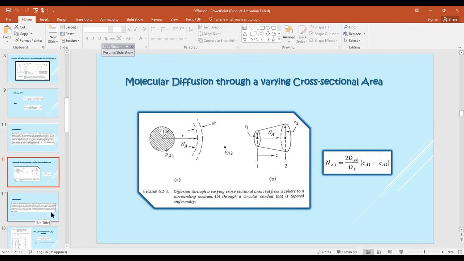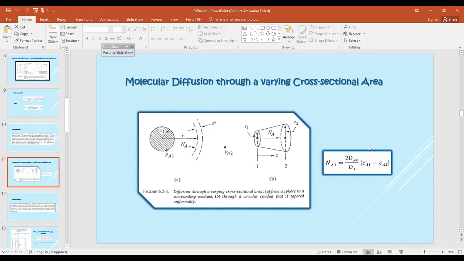Now, in this case, you will be using this particular formula of the flux again, the rate of diffusion of A from point 1 to point 2. In letter A, you have A coming from this particular cross-sectional area, a sphere, to the surrounding medium.